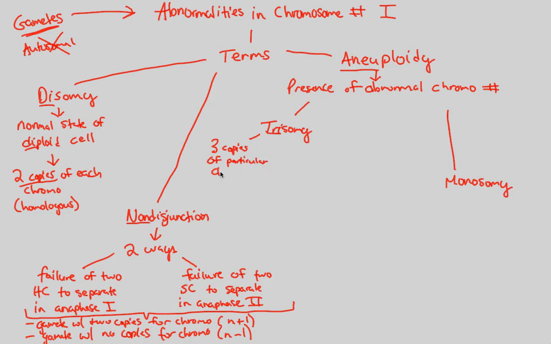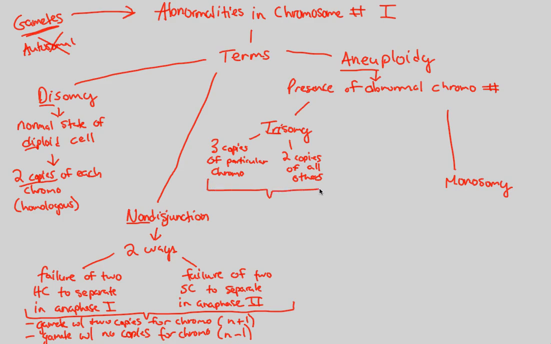Maybe chromosome 1, 2, 3, 4, whatever. There are 3 copies of it, so that's why it's called trisomy. And all the others are normal. All the others have 2 copies. That's what a trisomy event is, when only one particular chromosome, let's say chromosome 1, doesn't have 2 homologous copies, but actually has 3 total copies.